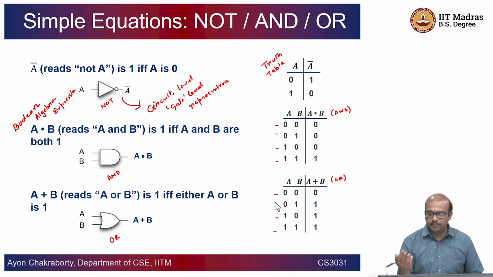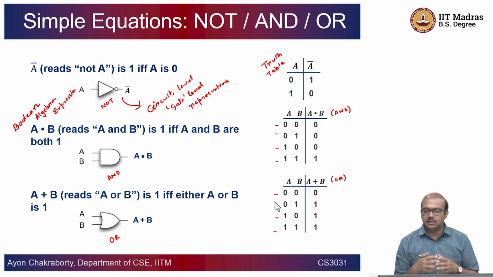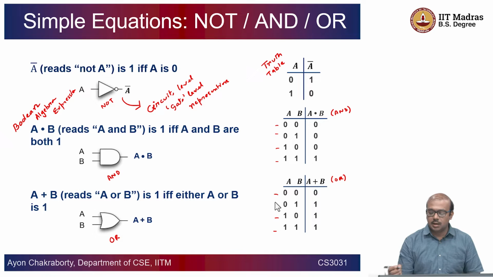If you have 5 inputs a, b, c, d, e, you are going to have 32 rows, 2 to the power 5. Okay, but the output will depend on the functional mapping, the logical operation that is going on with these 3 inputs or 2 inputs or 4 inputs, whatever be the case, to create the output.